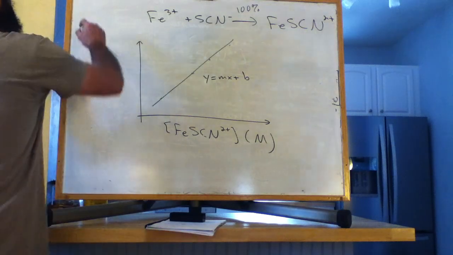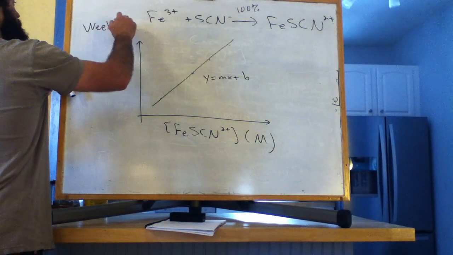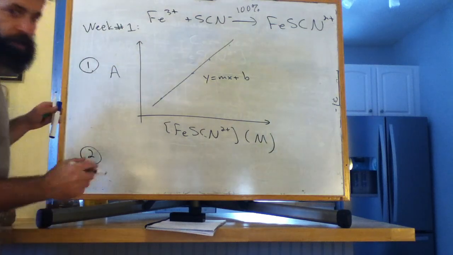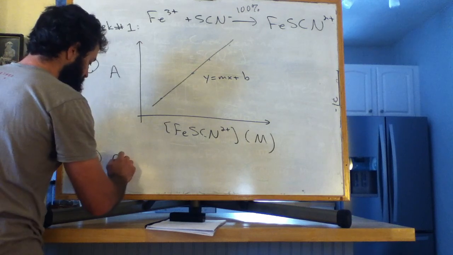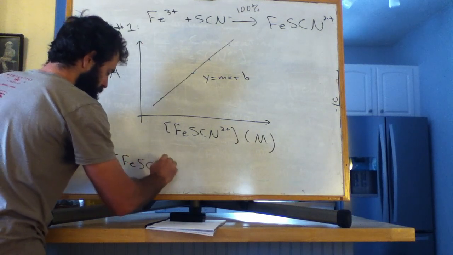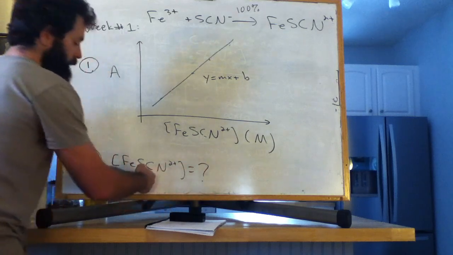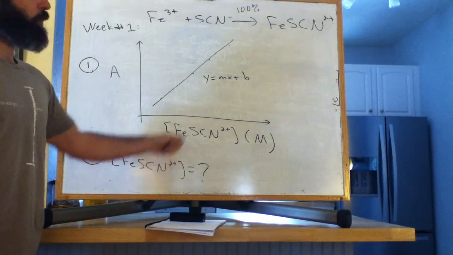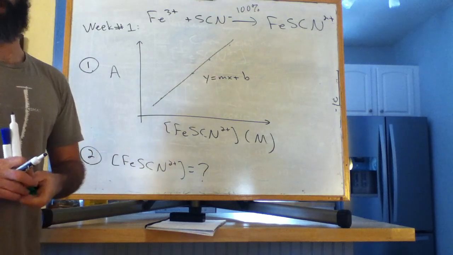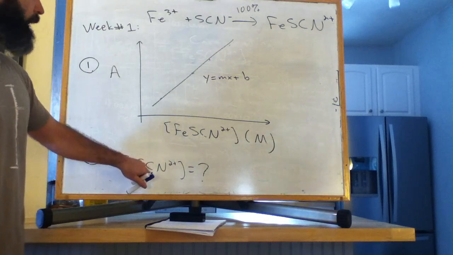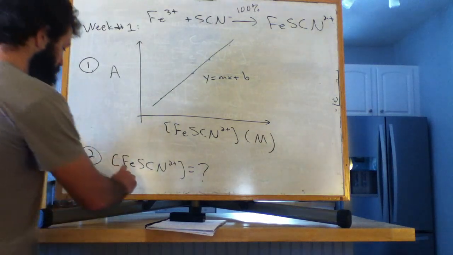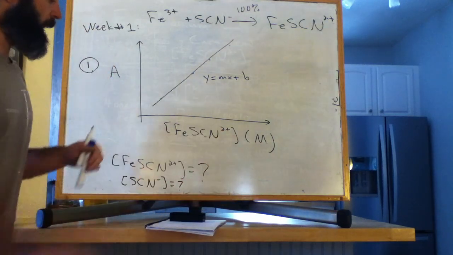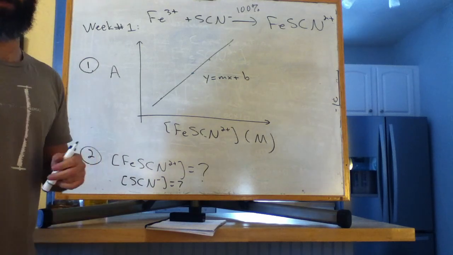In week 1, we not only make this calibration curve, but we also have to figure out the unknown concentration of some solution that you don't know the concentration of. You can measure an absorbance, use this equation, and figure out its unknown concentration. From the unknown concentration of this complex, what you need to figure out is an unknown concentration of SCN minus, and that is essentially the unknown that you're starting with.